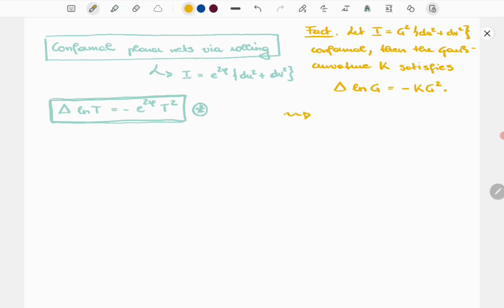In particular, for our planar net here, we learn that delta ln e^phi vanishes.